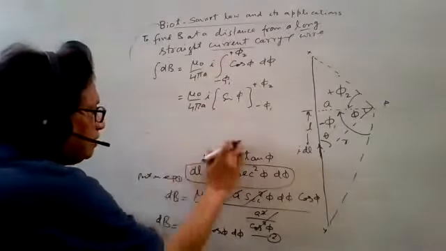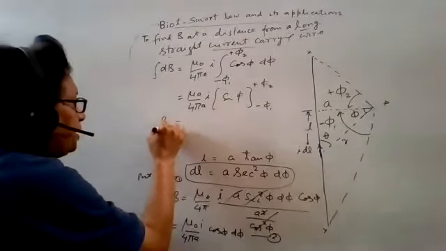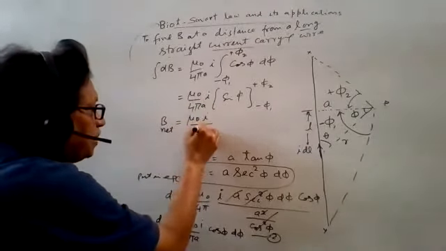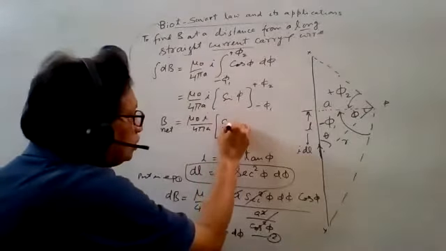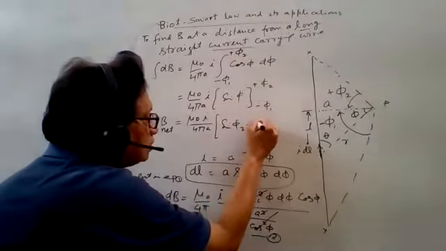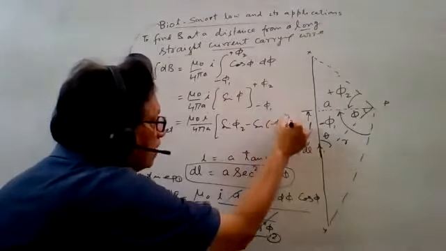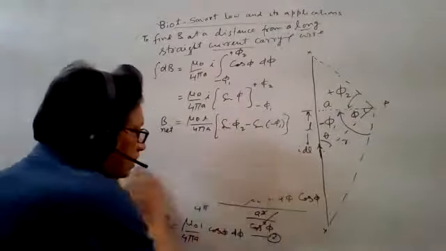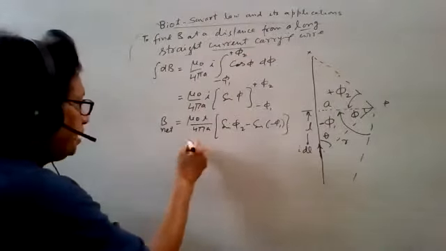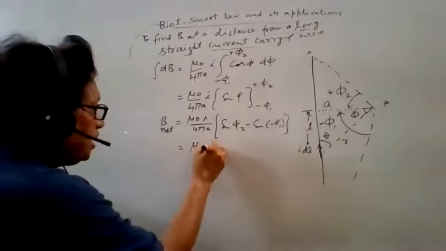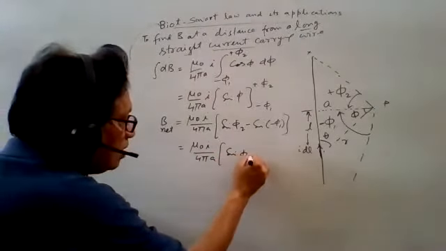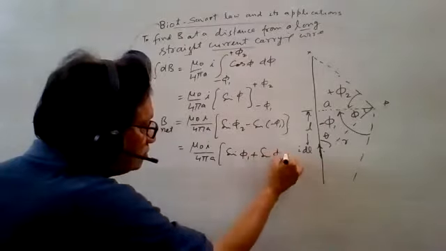Putting the upper limit, the resultant B naught is mu naught I upon 4 pi A, sin phi 2 and minus sin of minus phi 1, that is plus. So the final formula will become this, also plus. You can write it here like mu naught I upon 4 pi A, and here sin phi 1 plus sin phi 2.